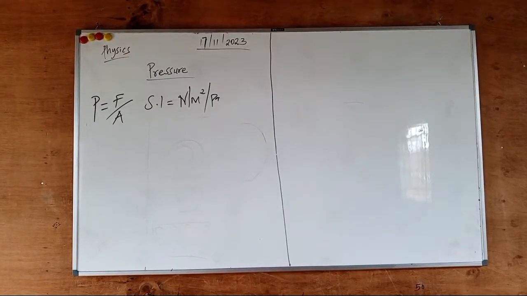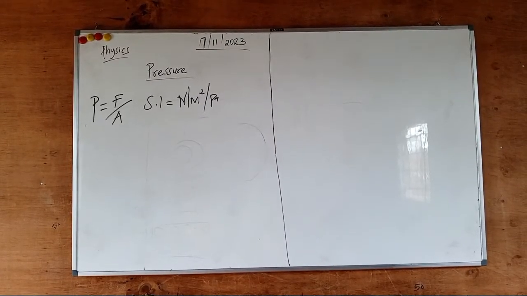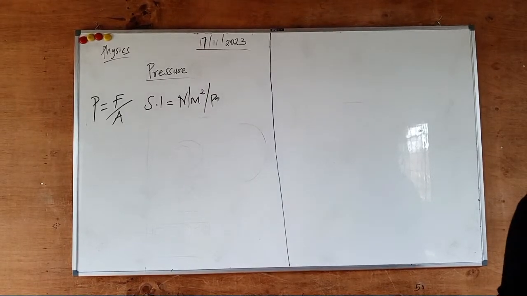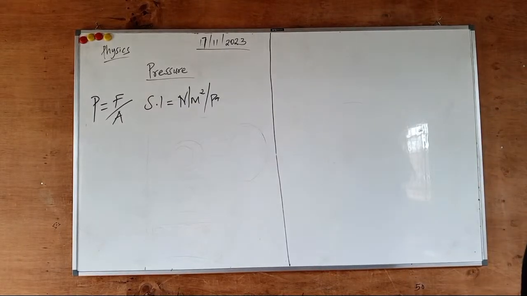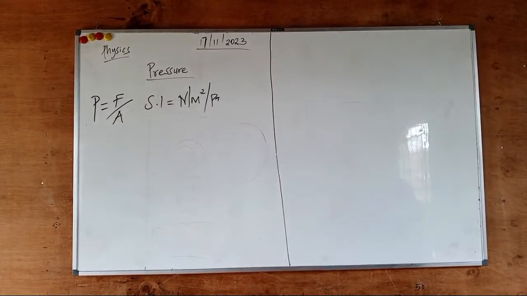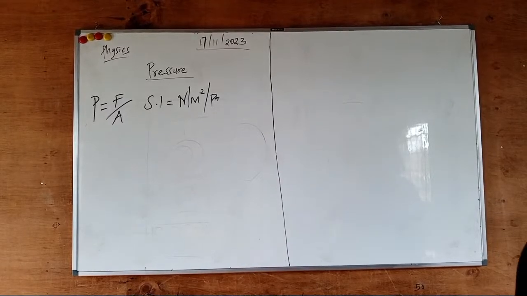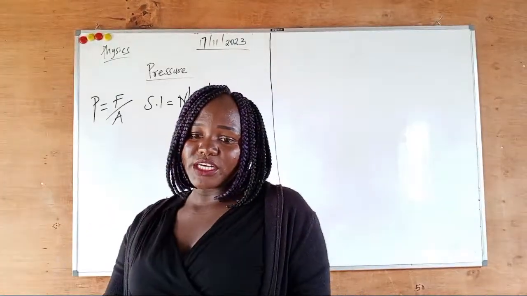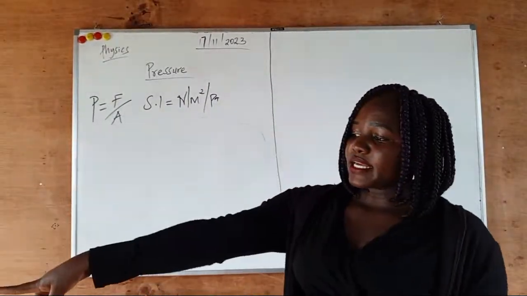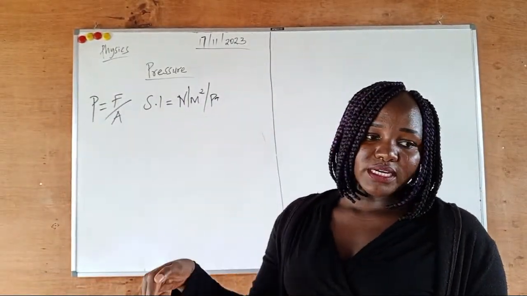even if the elephant is very heavy, due to the large surface area over the elephant's feet. Okay, hiyo grammar yao haiko poa. What do I mean? As in solids, let's say for example, someone nimevaa high heels. I exert a lot of pressure, to a point that nikikanyaga pale nje I'll make holes, right?